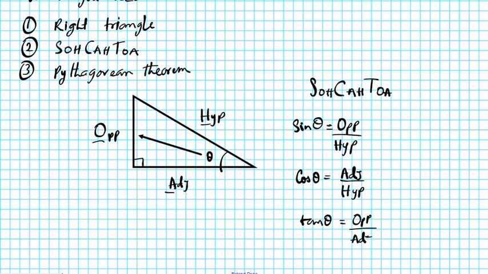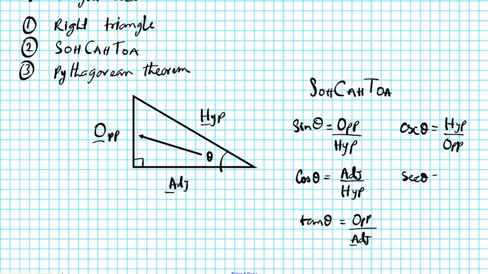We can also determine the other trig functions from this. There are three other ones, the reciprocal trig functions. If I reciprocate sine, I get cosecant. So cosecant theta is simply the reciprocal of this: this goes to the top, that goes to the bottom. Cosecant theta is hypotenuse over opposite. If I reciprocate cosine, I get secant.